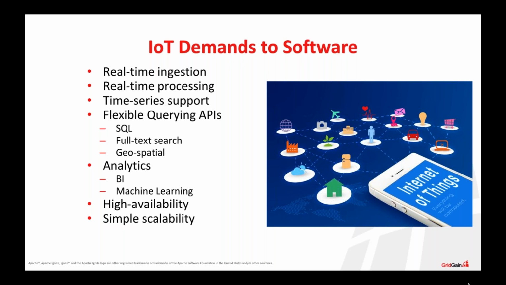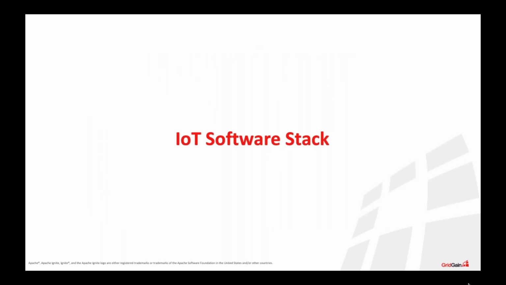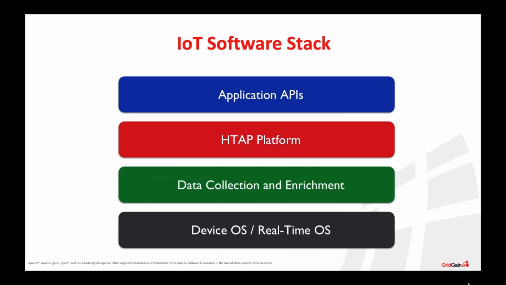Now let's take a look at the possible software stack that you need to keep in mind when you start implementing your own IoT-based software. First of all, you're going to interact with the real world: you're going to deploy smart meters in the field or in factories, or maybe you're writing software for wearables, or for vehicles like cars or motorcycles.